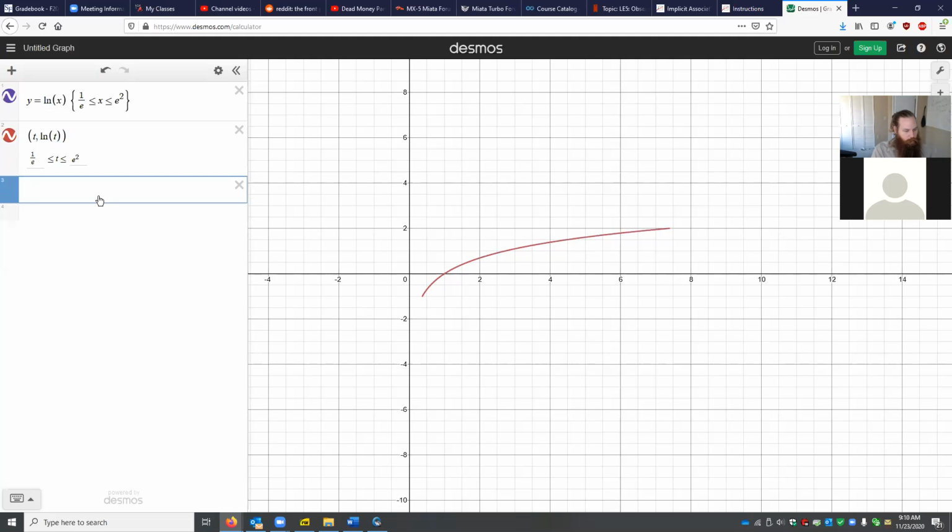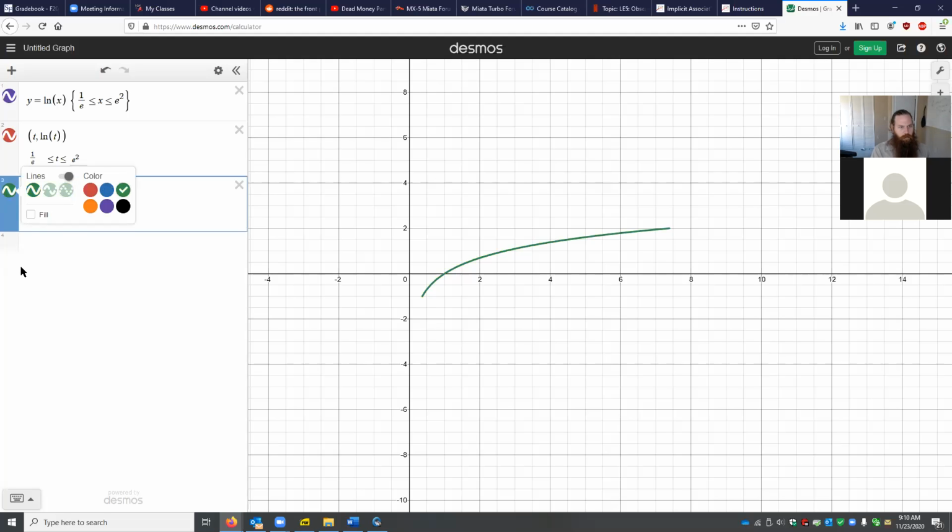Now, I claim that we could also do this as ln t comma ln t. And then here, we would have to go from e raised to the 1 over e power up to e raised to the e squared power. And there you see it again.